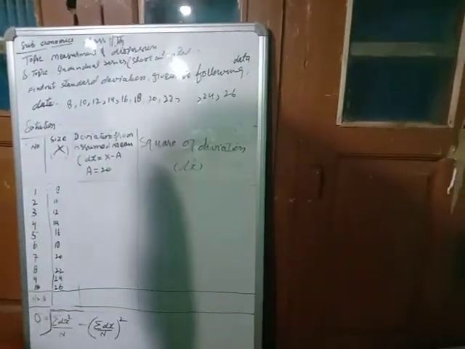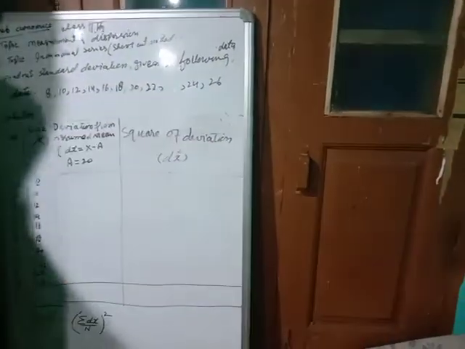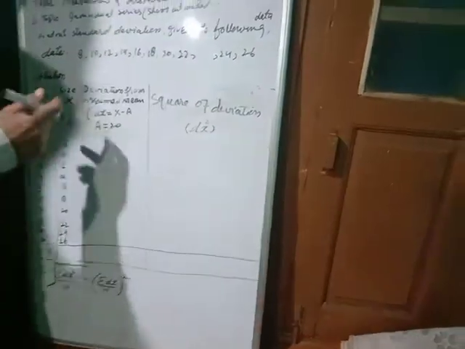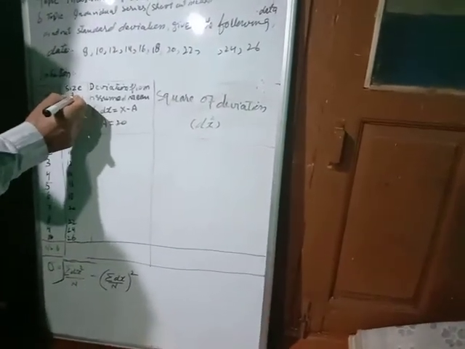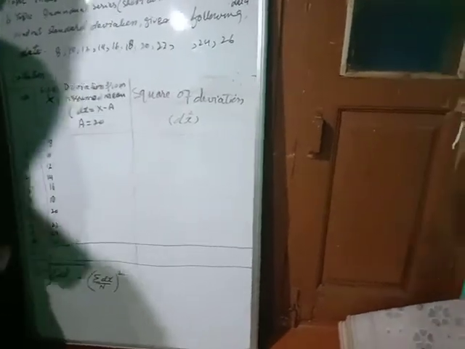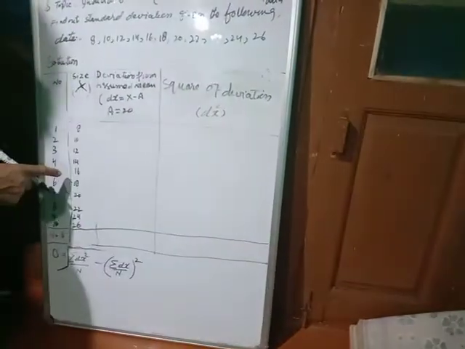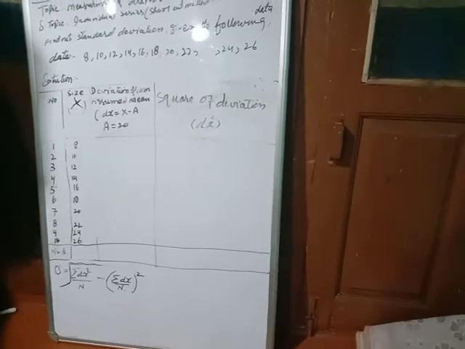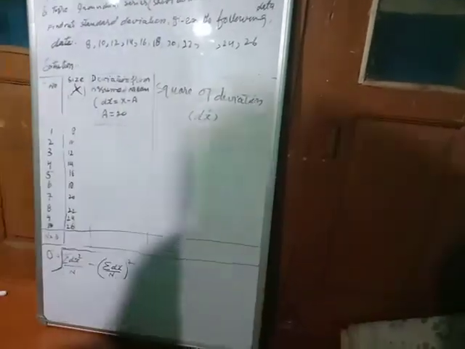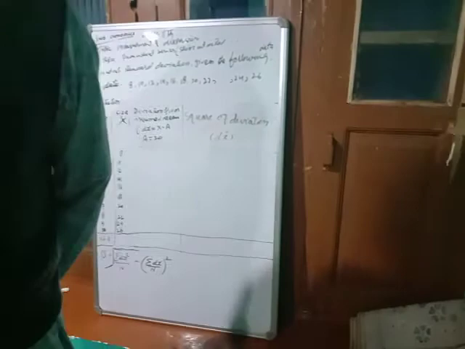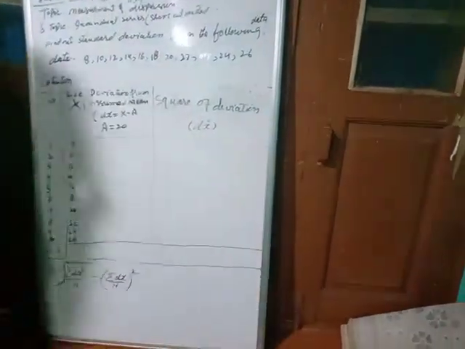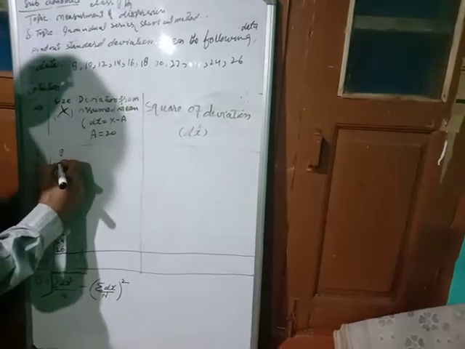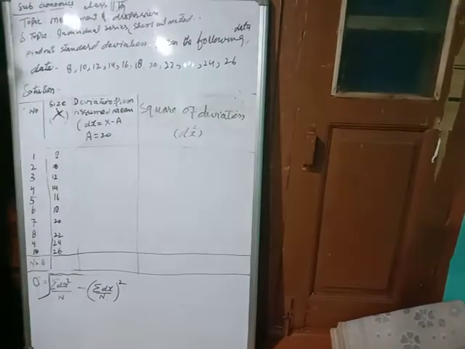So n is 10, and the size, or x, we can say, is 8, 10, 12, 14, 16, 18, 20, 22, 24 and 26. Dear students, you can write it in your copy during my lecture also, so that you will not get any confusion.